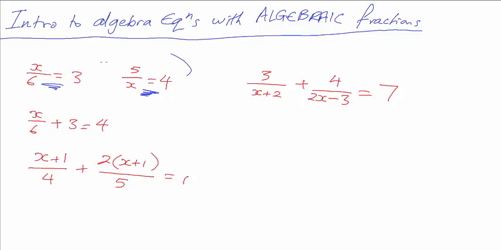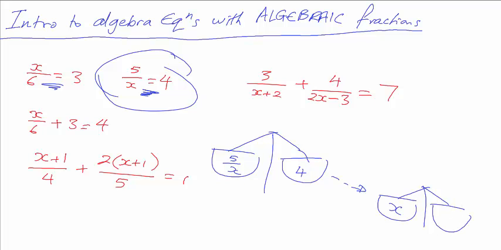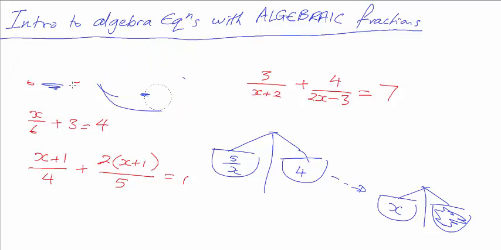So for example, if we look at this equation, this literally means that 5 divided by x is balancing perfectly with 4. Then we're going to do some special moves here and there to eventually, as always, get x by itself, and whatever comes on the other side comes on the other side.